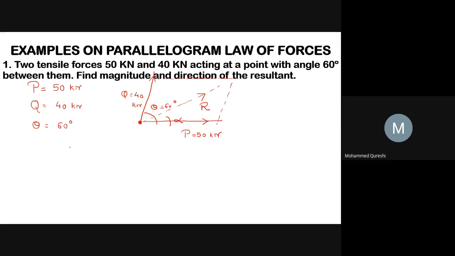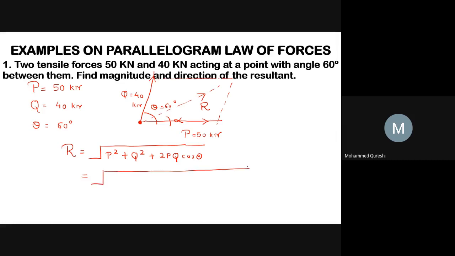Now we know that resultant capital R equals under root of P square plus Q square plus 2PQ cos theta. We have this formula. So now we will put the values of P, Q and theta in this equation.